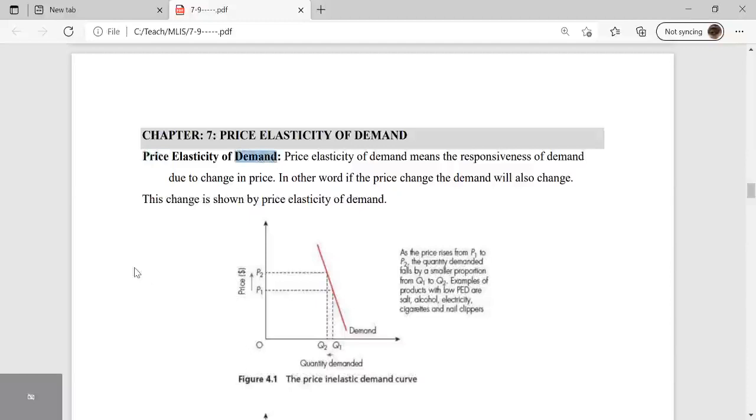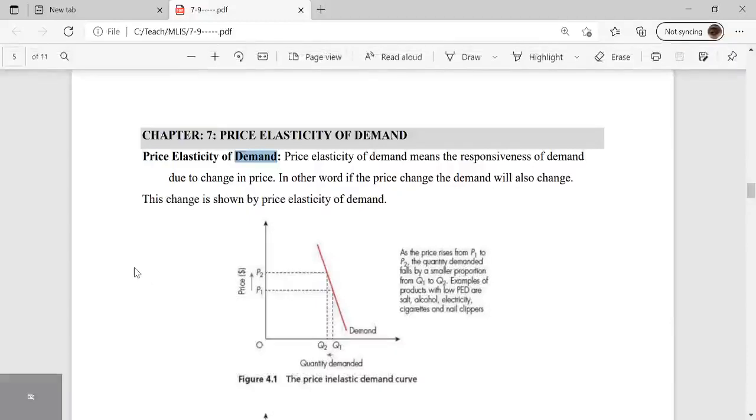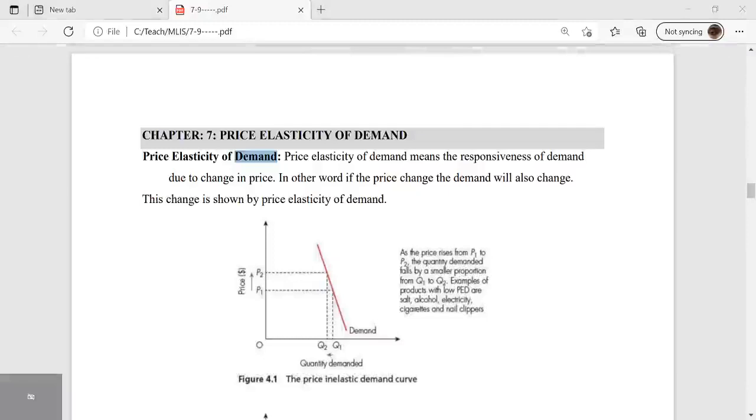So see what's happening here: whenever we are changing price, what is the response from the demand? That's price elasticity of demand. Price elasticity of demand means the responsiveness of demand due to change in price. In other words, if the price changes, the demand will also change.